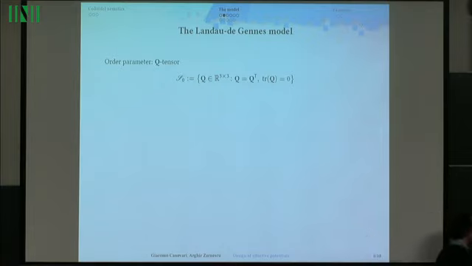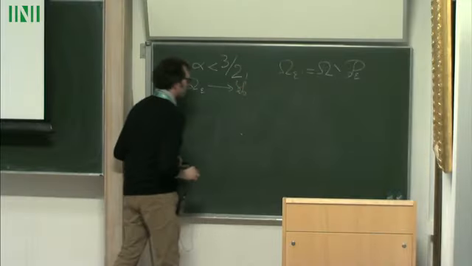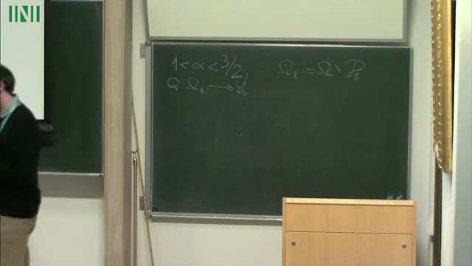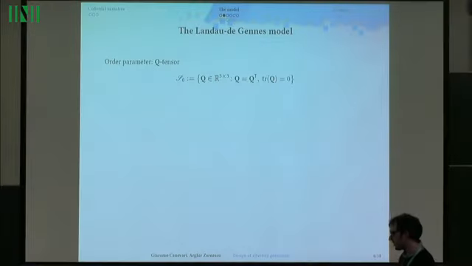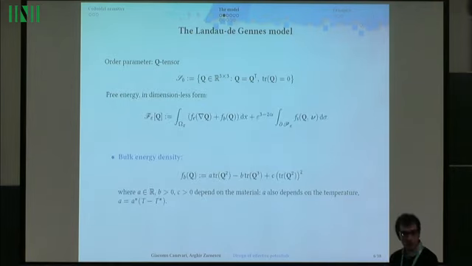Therefore, the configuration of the material will be a map from omega epsilon to this space of Q tensors. This space of real 3x3 symmetric and traceless matrices is defined via second order moments of the molecular probability distribution. And given such a description, we can consider a free energy functional. Perhaps I write it here so that it stands.